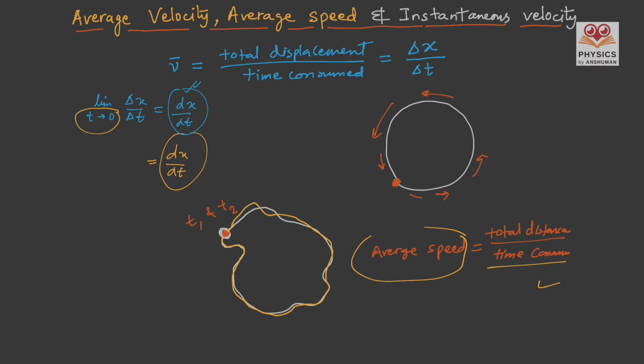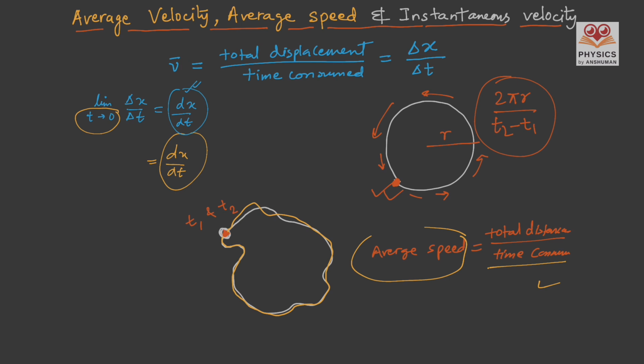The displacement is not changing because the initial position and the final position of the object are the same, but the distance is a different thing. For a circular path, if the radius of the circle is r, then the distance covered is 2 pi r, the length of the circumference, and that is divided by t2 minus t1. This is your average speed.